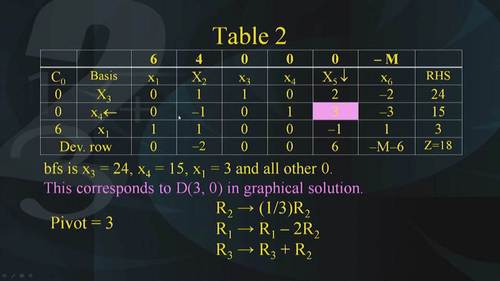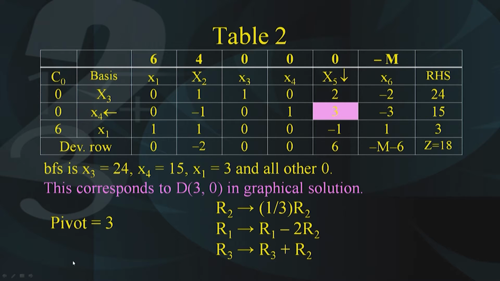The third one does not have to be considered because it is negative, and you find that the second entry is the least. So, this tells us that the variable x4 should leave the basis, and the pivot is this box.